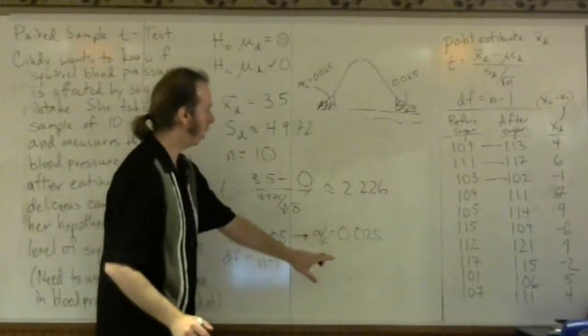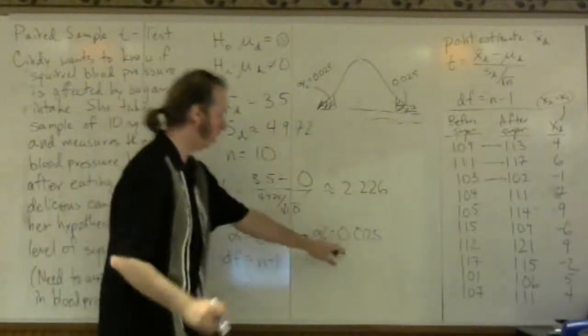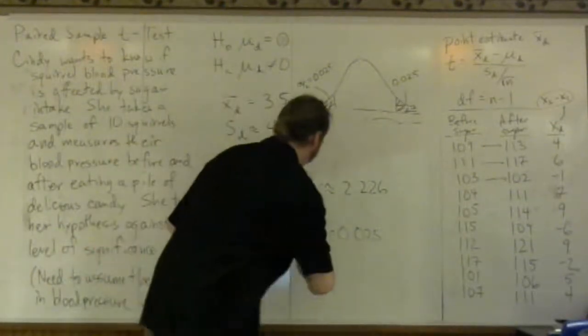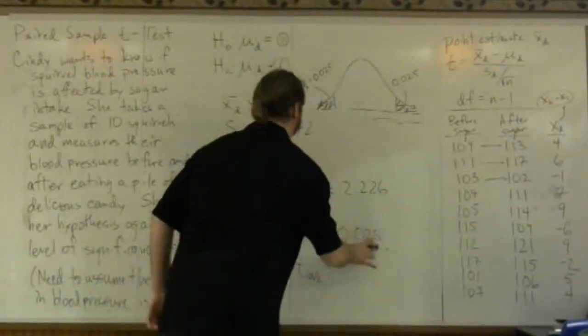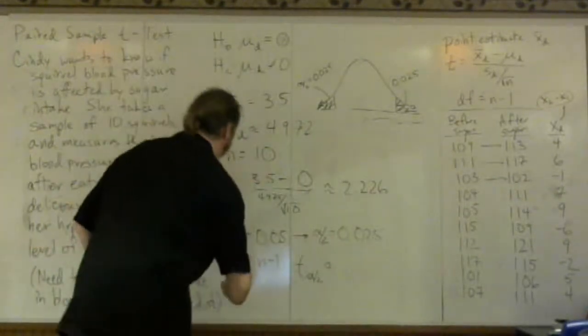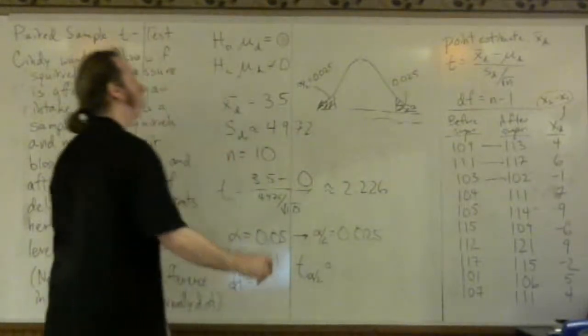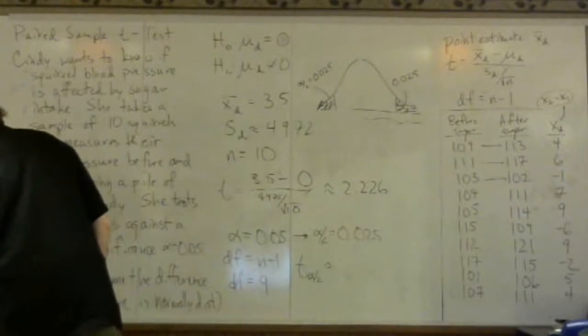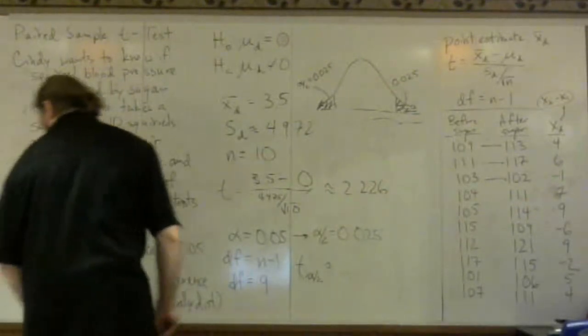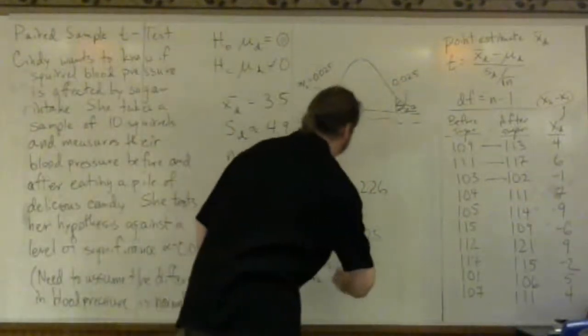So I'm not interested in the t-value at alpha. I'm interested in the t-value at alpha over 2. The t-value at 0.025 with degrees of freedom 9. It's about 2.26.